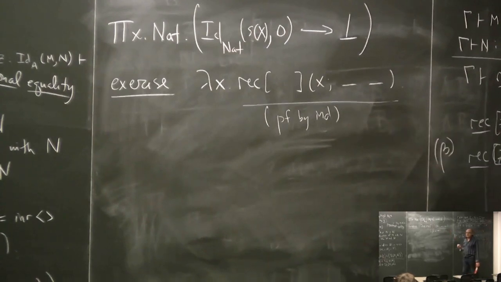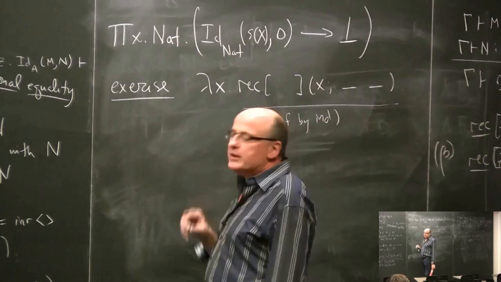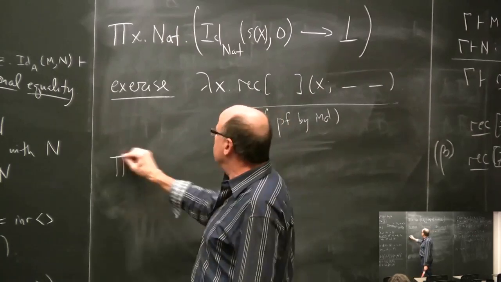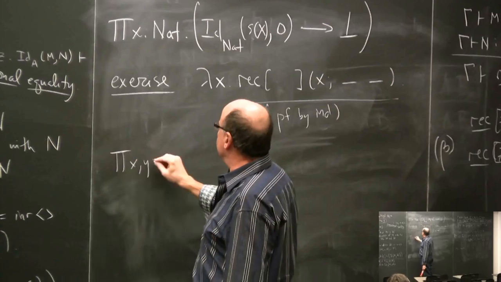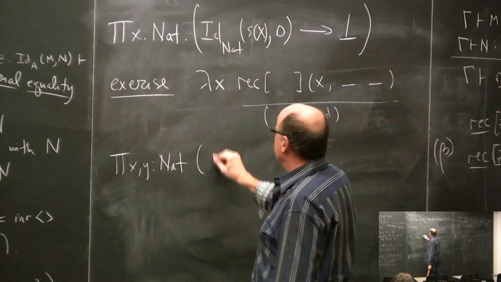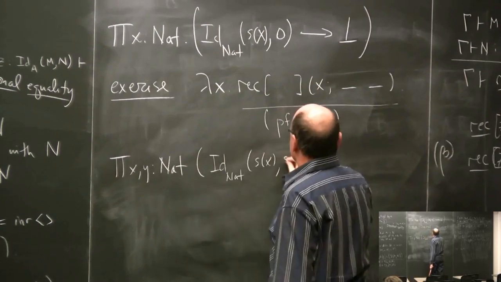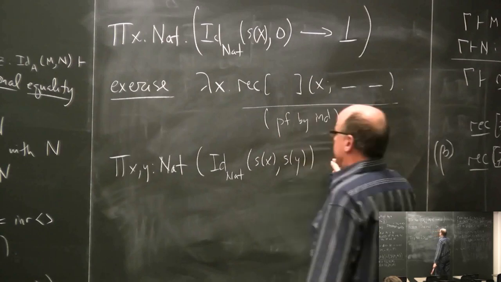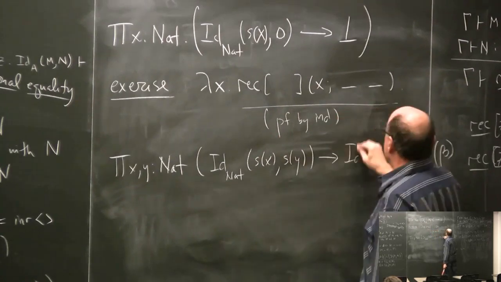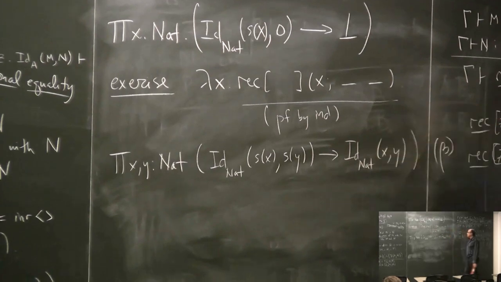And now the next thing is a hard exercise, because it requires something I haven't given you. So this you'll have to get later, which is if you have every one of the other Peano axioms, and I think you can guess what I'm going to write. If two successors are equal, so the injectivity, then their predecessors are equal.